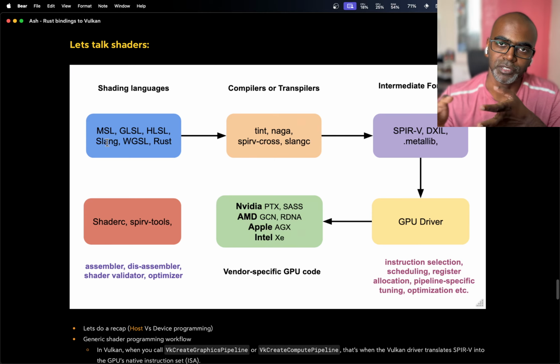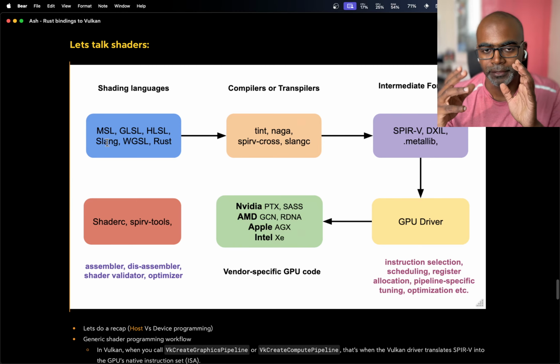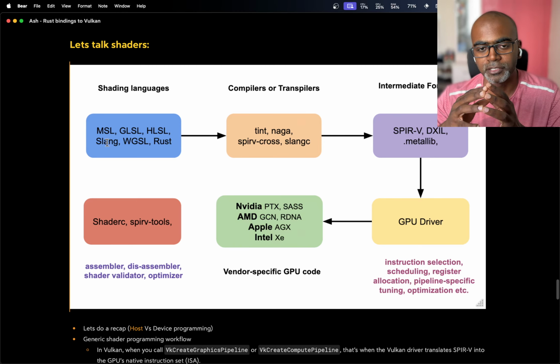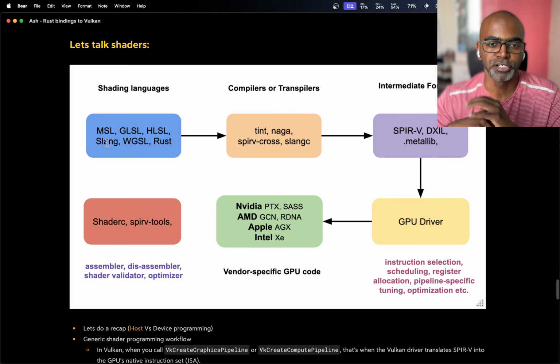You can't just shove it into a GPU program and have the GPU run it. The GPU doesn't even have those instructions that general purpose Rust would need. So a subset of Rust is what is packaged into a shading language, and you can use that to produce GPU specific machine instructions.